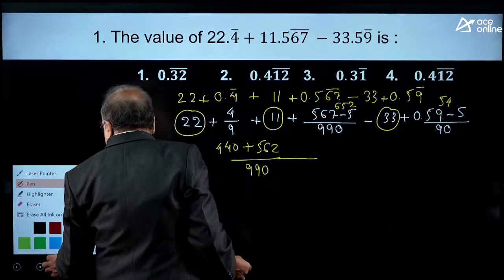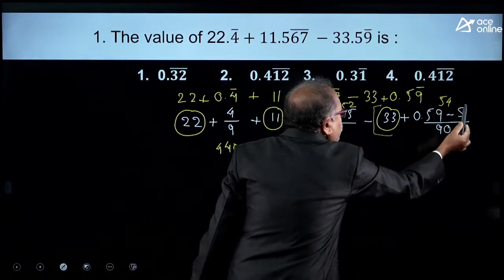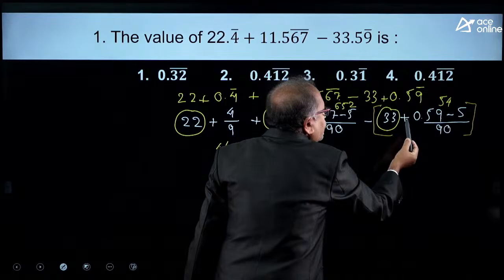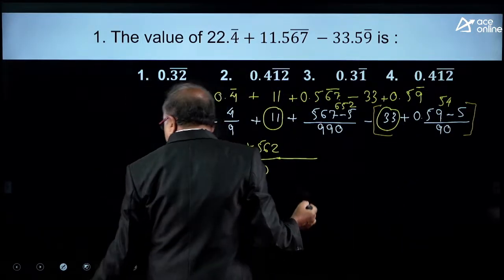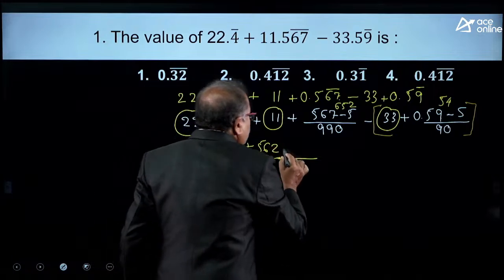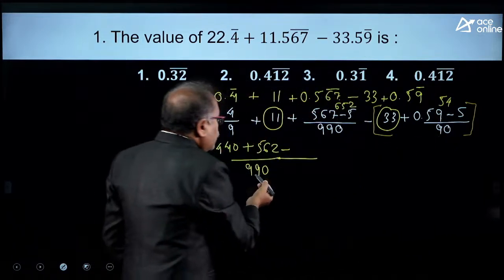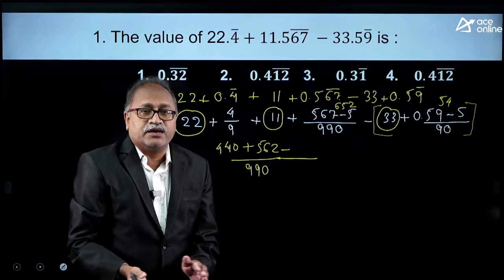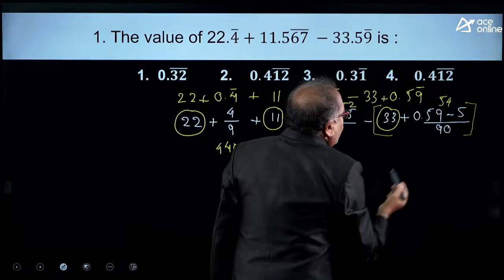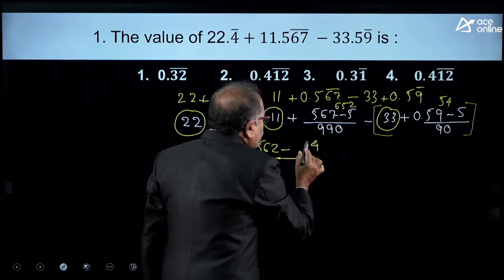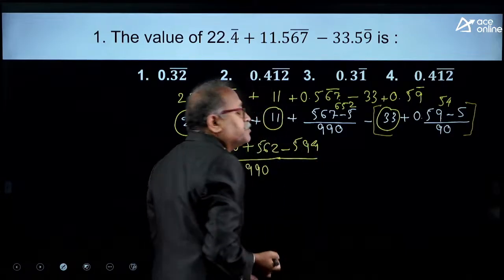So one care you have to take, that this is minus. So when you open up the bracket, this will become minus. Yes, my friends, this minus, and after that 54 is there. 990 divided by 90, I am getting 11 here. So when I multiply 54 by 11, I will be getting this 4 over here, the 9 over here, 5 plus 4 is 9, and then 5 over here.